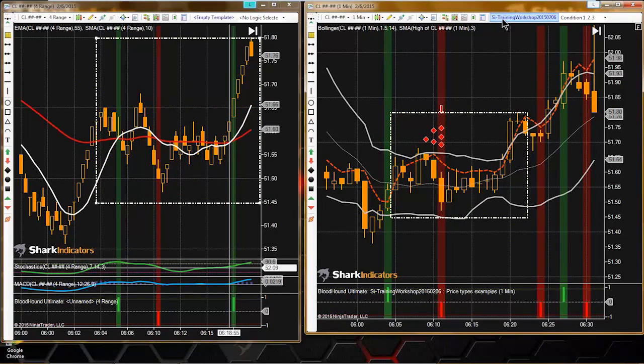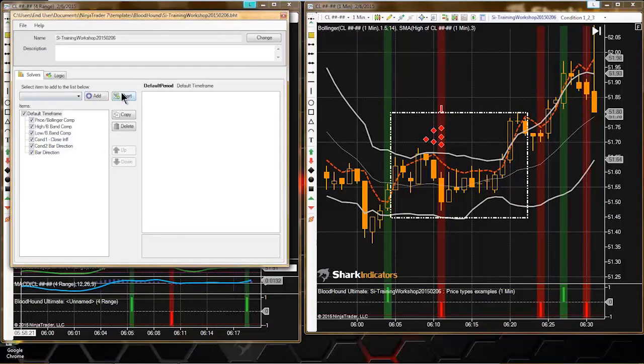So on our 1 minute chart, let's add a 4 range. Alright, 4 range. Come on, update here.